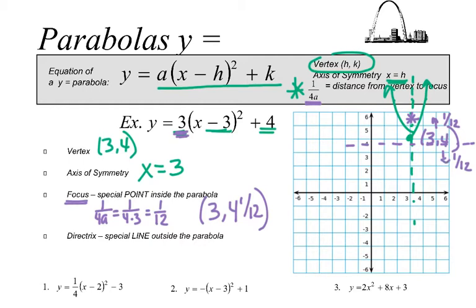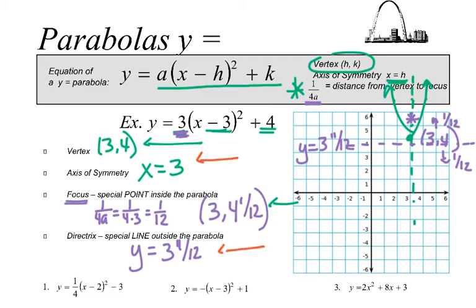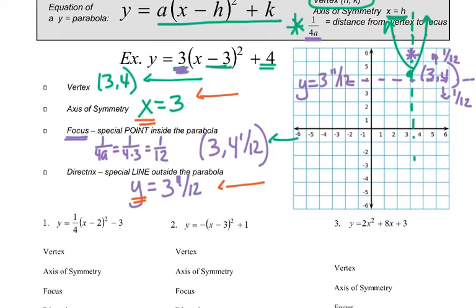So that would be 3 and 11/12, and it's a horizontal line, so it's a y equals line. So we have two special points and two special lines. The vertex is a point, the focus is a point, the axis of symmetry is a line, and the directrix is a line. One's horizontal, one's vertical.